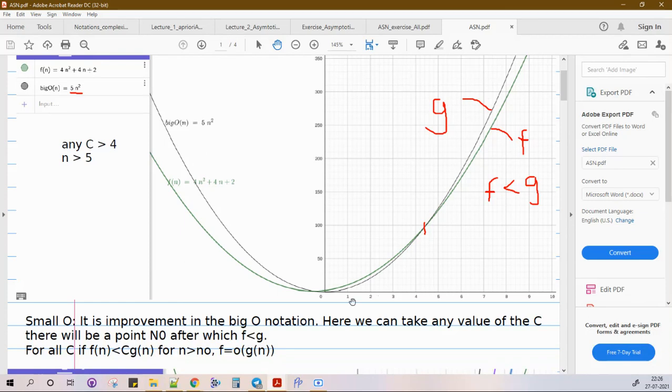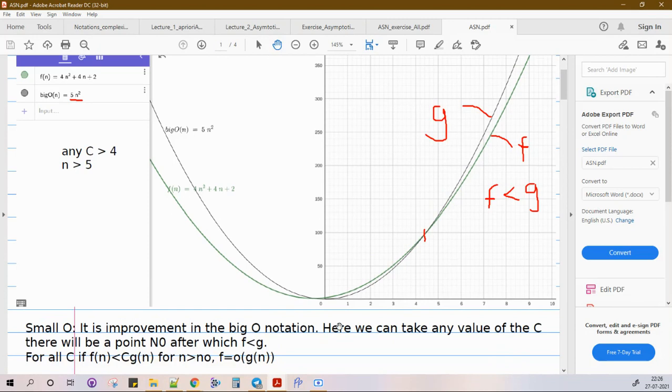This is nothing but the input size: 0, 1, 2, 3, 1000, 1 lakh. This is the size of an array, and this is the time you are taking, 50 nanoseconds, 100 nanoseconds, 150 nanoseconds, like this. If my input is very small, I don't care how my function is behaving. I need to bound my function for big values of n.